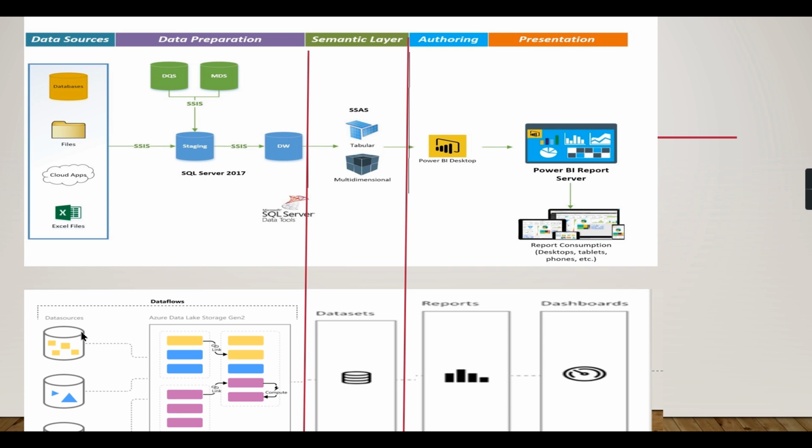is the dataflow, which is similar to your BI architecture ETL layer, where it is getting data from the data source, and SSIS or Azure Data Factory will do the ETL in case of Azure.